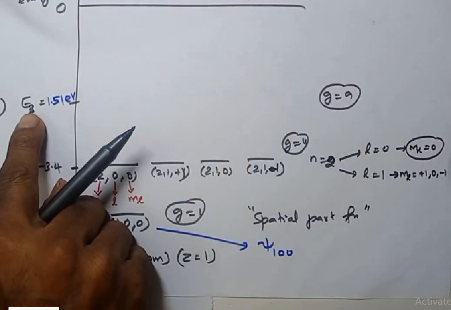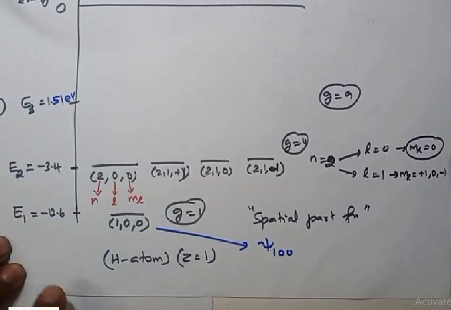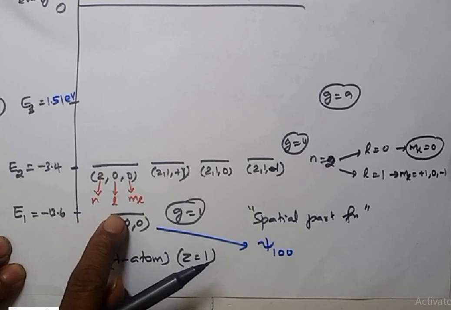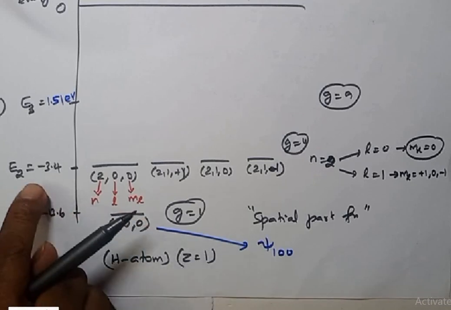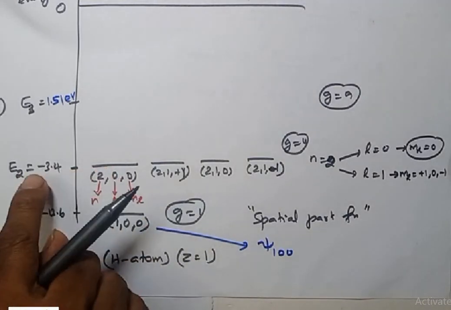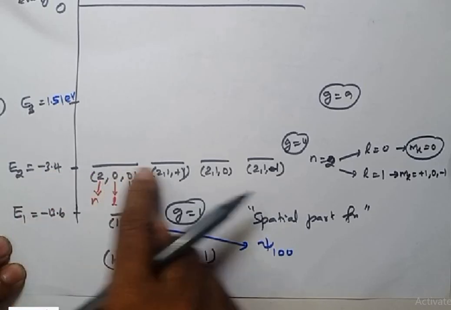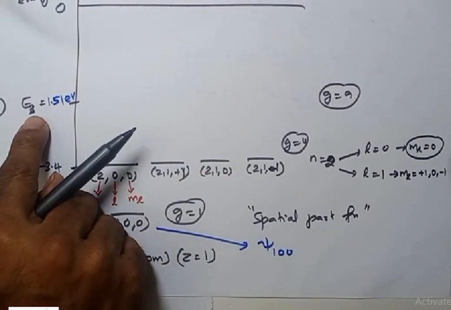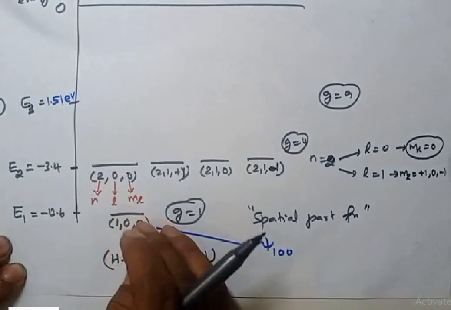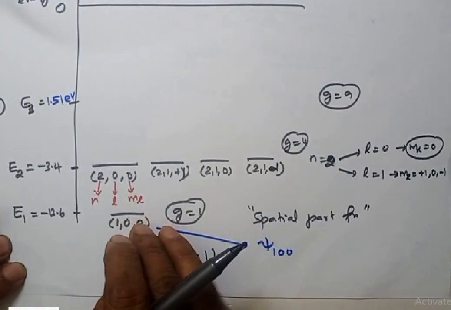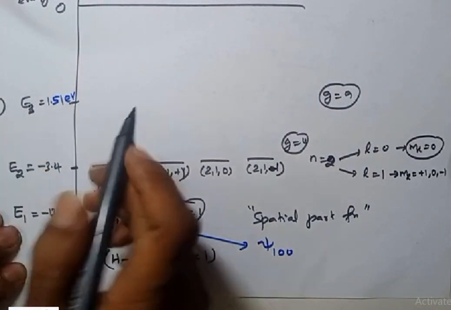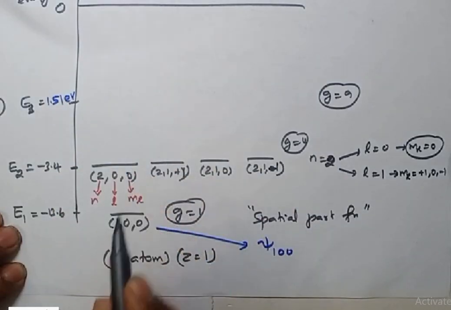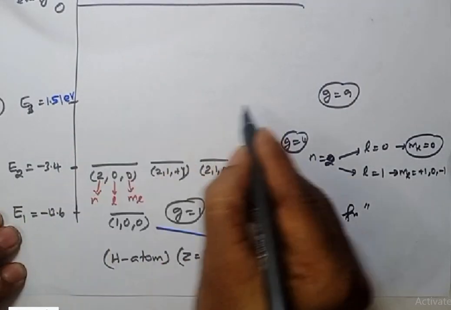This is the energy of the n equal to 3 level. The n equal to 1 level is the ground level, which has only one state. N equal to 2 is the next higher level, which has 4 states. N equal to 3 is the next higher level, the second excited level, and there are 9 states possible. Here we have 4 states, and here 9 states are possible.